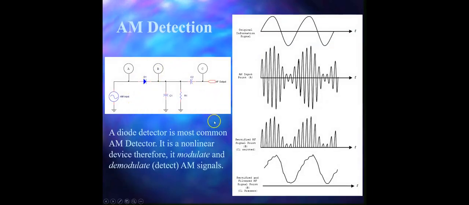Here you see one of the circuits of the AM detector. There are many circuits available for the detector, and the most common you see here is the diode detector type. Here a diode is used, and it is a non-linear device. It can modulate and demodulate an AM signal.